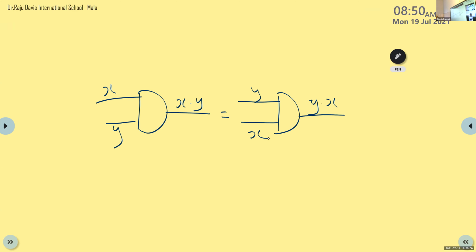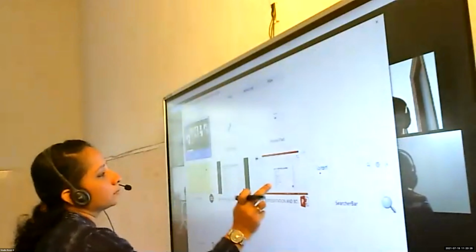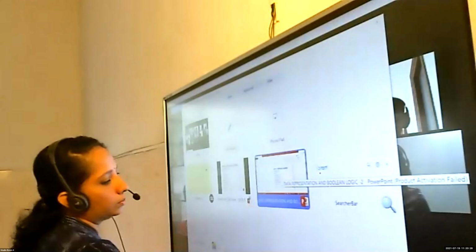So there are two commutative laws in first section. First is based on OR gate, that is x plus y is equal to y plus x, and second one is based on AND gate, that is x into y is equal to y into x. Okay. So the next law is associative law.